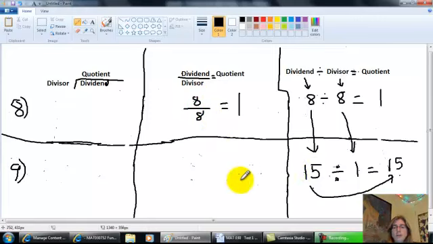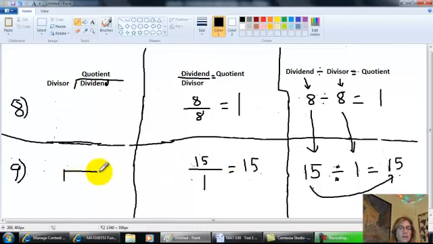So in this situation, you have the dividend on the left, so the dividend is on top in this format. Whenever you have a 1 in the divisor, or 1 on the bottom of a fraction, the answer doesn't change. Dividend is 15, divisor 1, so the answer, of course, is 15.